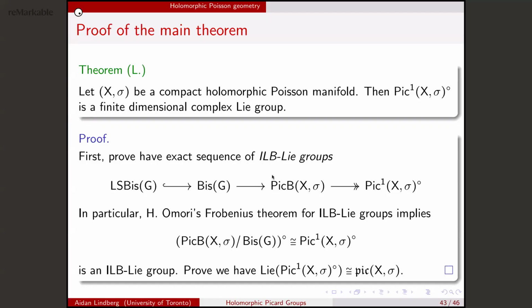And we know that this thing is a finite dimensional complex Lie algebra, which means that this Pic one is a finite dimensional complex Lie group. So the hard part here is actually showing that this quotient is again a Lie group. But once it is, because you know its Lie algebra, you know that it's complex and it's finite dimensional.